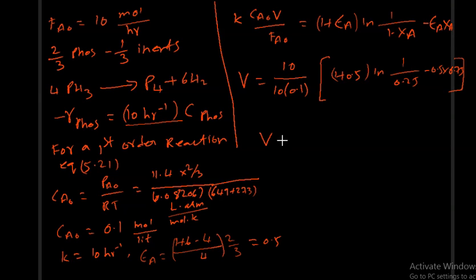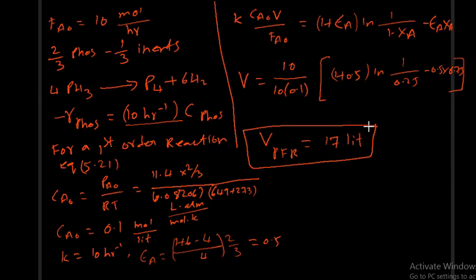If you solve it, the volume of the plug flow reactor is equal to 17 liter. So as per the given data, we have calculated the volume of the plug flow reactor.